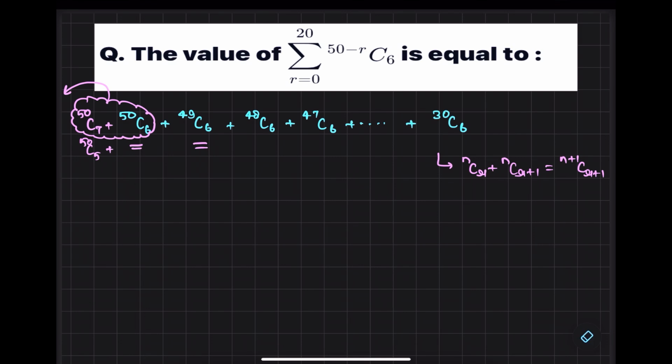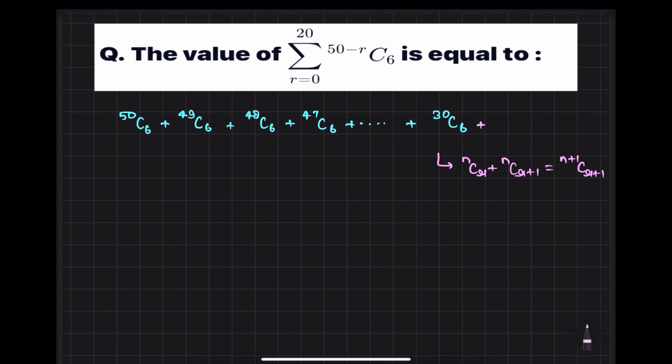It is not creating any situation, so this idea is failing. We will take help of these two. Again here we face the same problem: it will become 51C6, and here we got 49C6. Again there is a gap, we cannot manage, so this idea is failing.